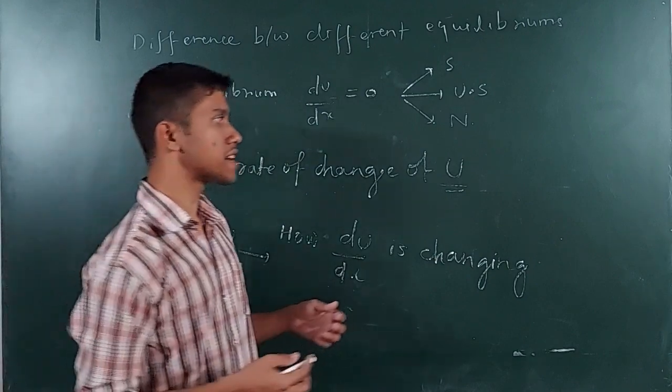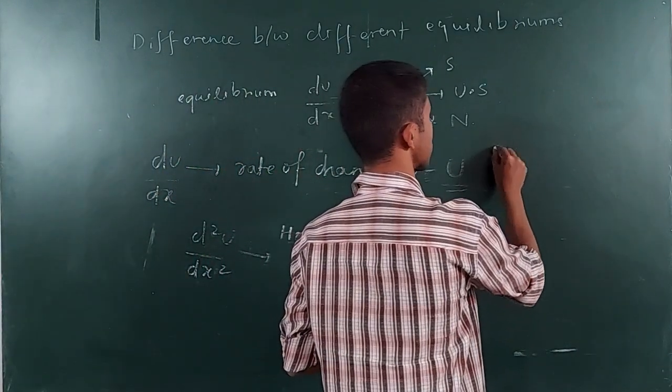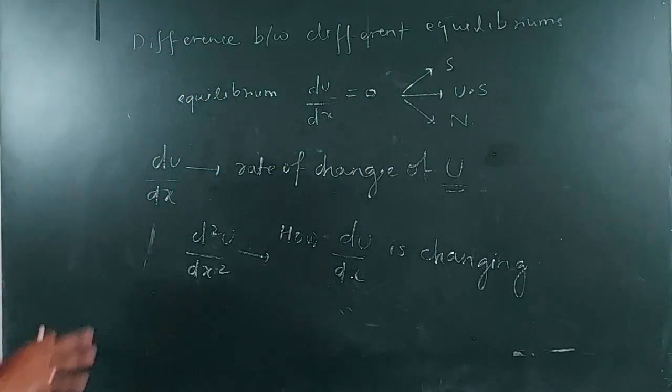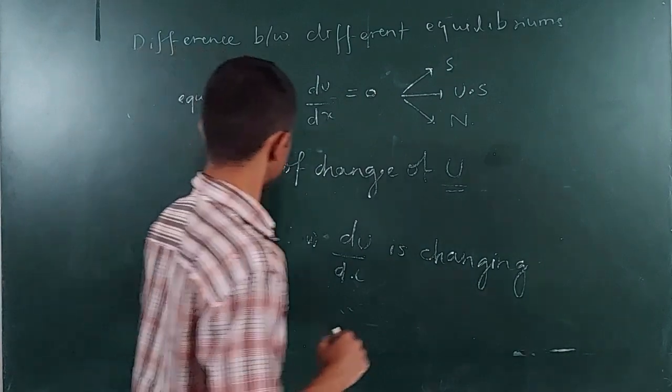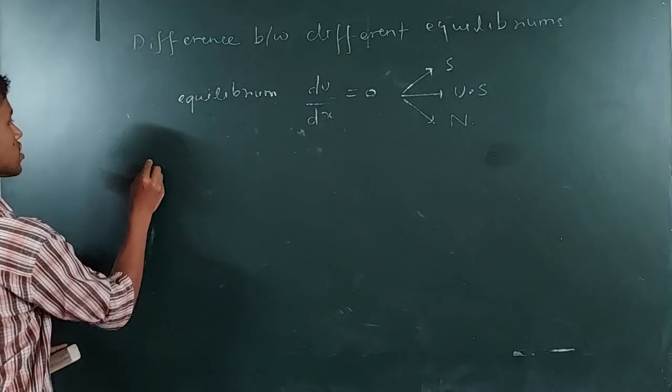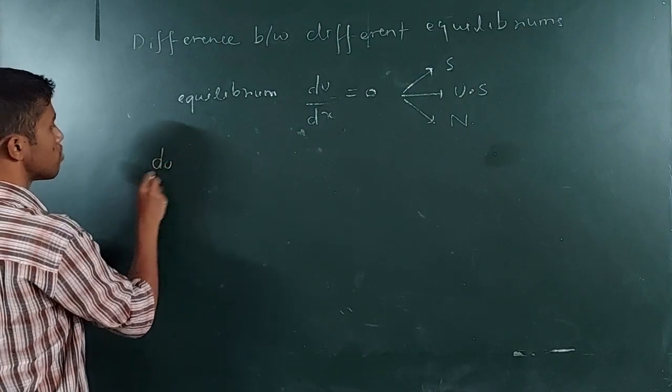Okay, suppose du by dx was initially 5. Okay, I'll give an example. This is very important. Please take a note. So first of all, initially du by dx was 5.